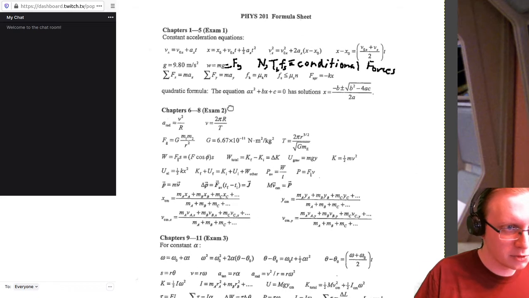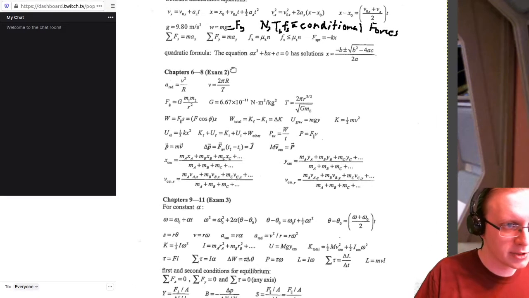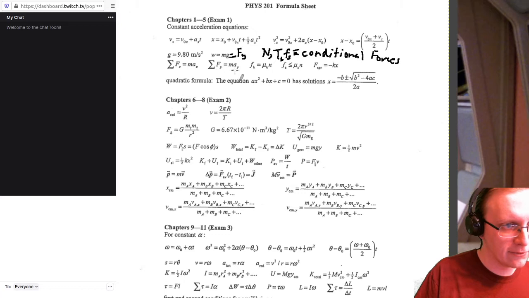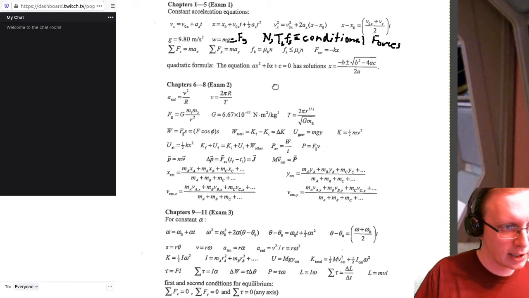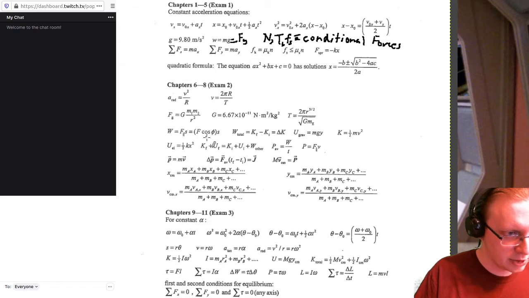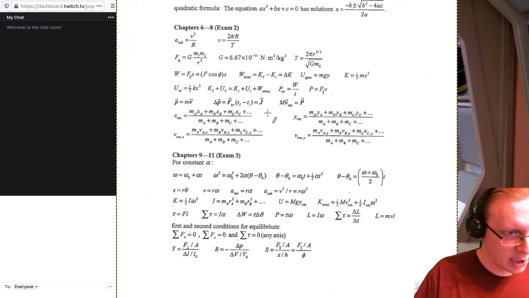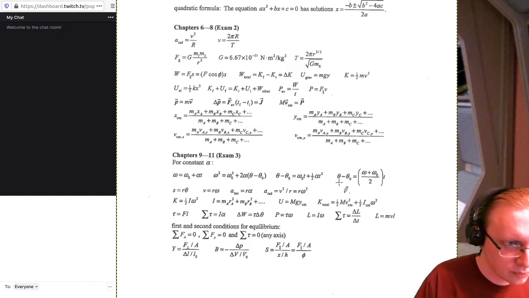That covers chapters 1 through 5, which is mostly constant acceleration and the force equations. Personally, if I were writing this book, I would then skip down to chapter 9, where we return to rotational motion, and we rehash everything again.